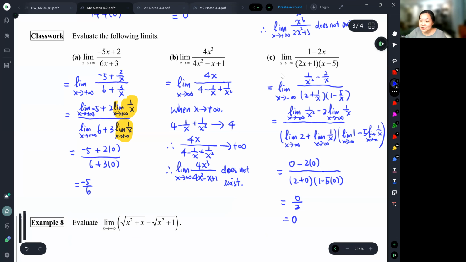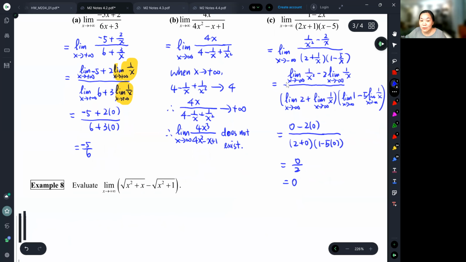And then after doing this, I will use the property on every little part in this fraction. The first 1, 2, 3, 4, 5, 6 parts. Each part I take limit. And luckily it works out for me because everything will make sense. There is no undefined.